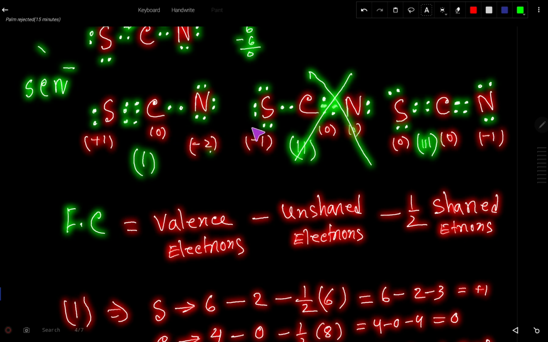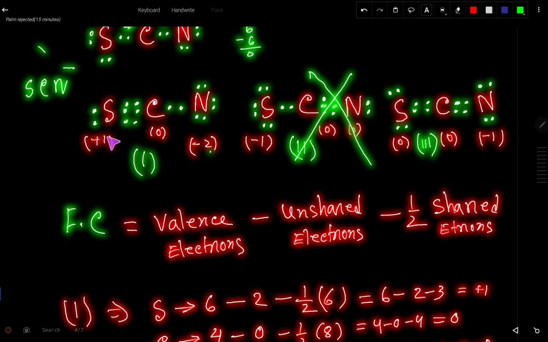So compare 1 and 3. Here sulfur has +1, here 0. Nitrogen is -2 here and -1 in the other. We know that formal charge should be close to 0, right?